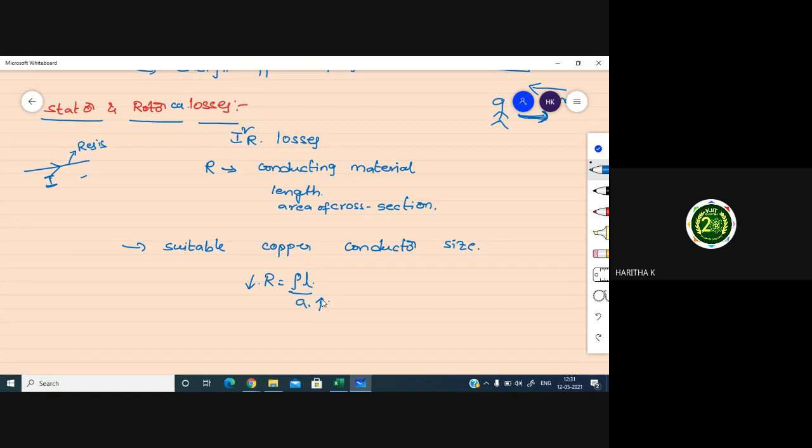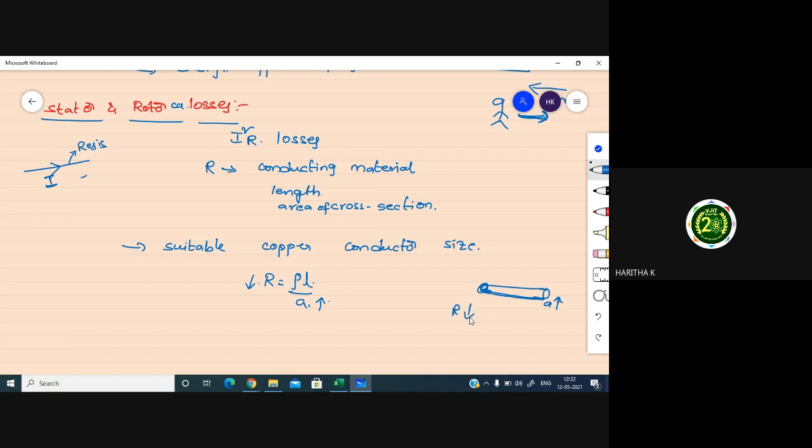If you consider the conductor bars in an induction motor, aluminum bars will be there. Those are the rotor conductors. If you increase the area of cross section of this rotor conductor, then the resistance will be decreased.